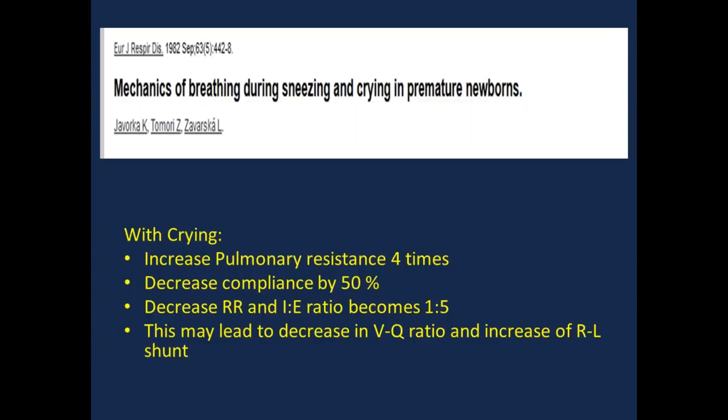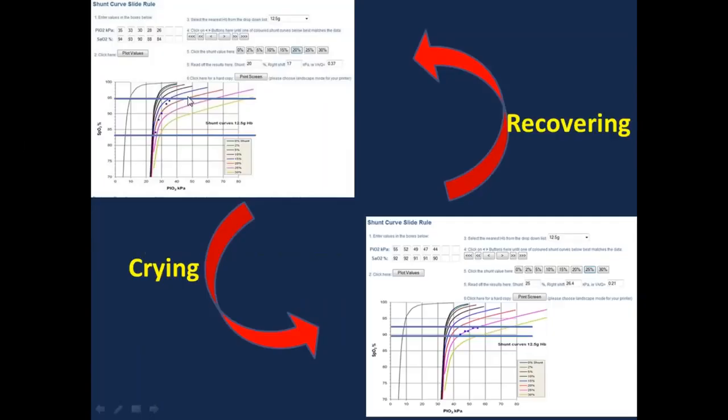So you have an infant who is crying for a long time. You may see in this graph that he was requiring more oxygen before crying, and he's very sensitive to oxygen. But after crying, he will be shifted from VQ mismatch to significant right to left shunt, so he is much less responsive to oxygen, and his saturation cannot be improved more than 92 or 95%, even with oxygen about 60%.